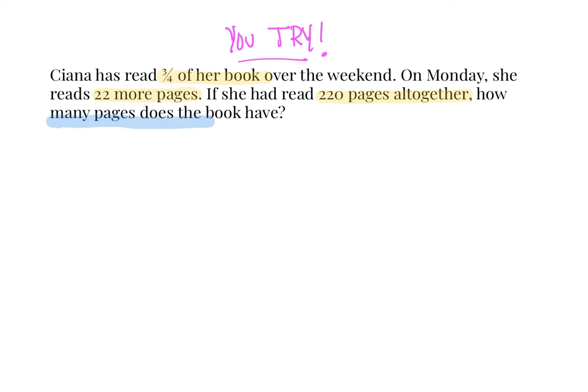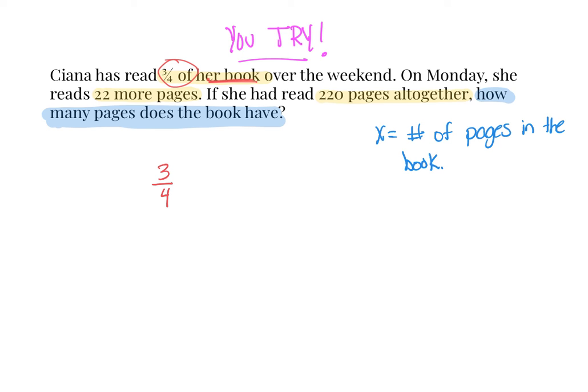So here's my question. How many pages does the book have? I'm just going to identify my information. I'm going to say x is equal to the number of pages in the book. Now, Sienna read 3/4 of the book. Of represents multiplication, and the book has the number of pages in the book. So 3/4 of x.